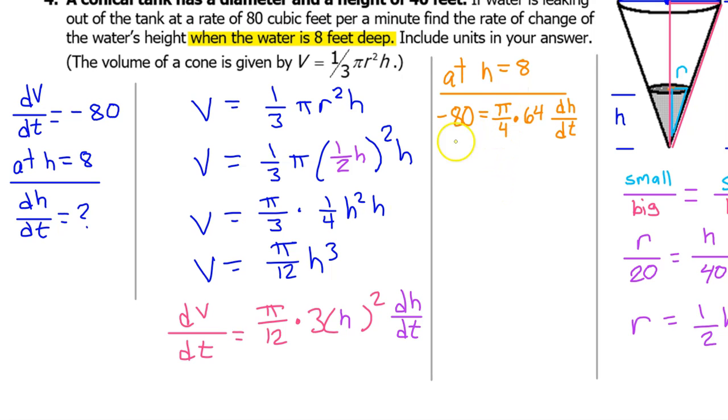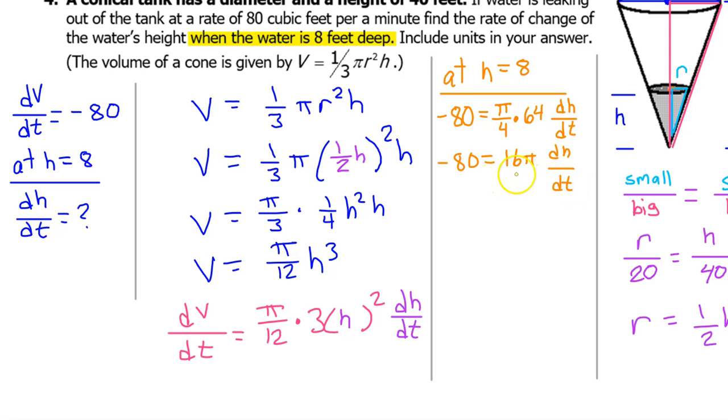And then we have h squared, but h is 8, so that's 64. So we have negative 80 is equal to 64 divided by 4 is 16. So we have 16 pi dh dt.